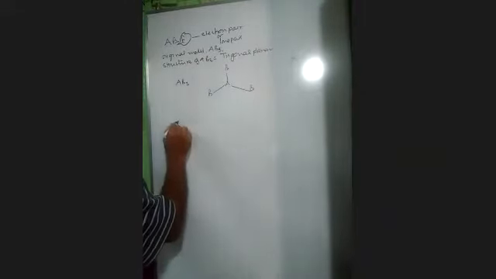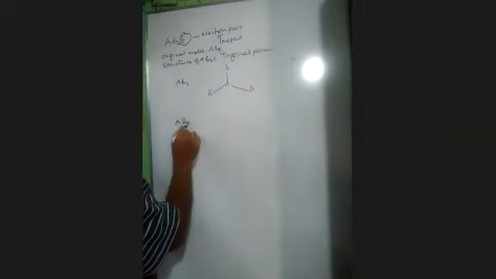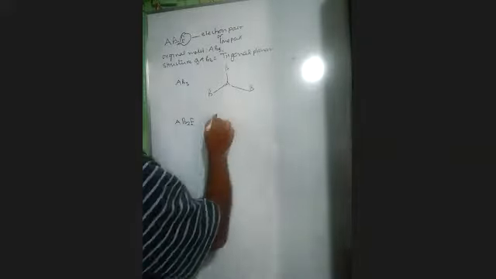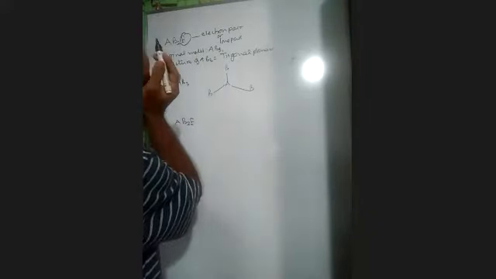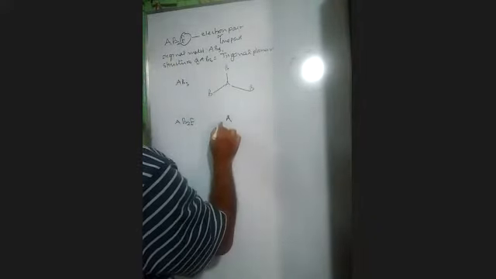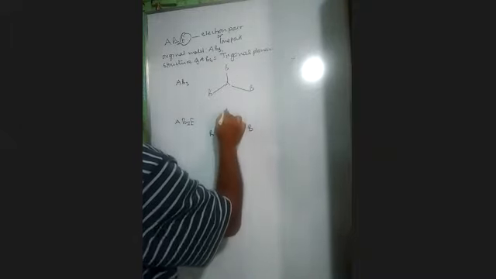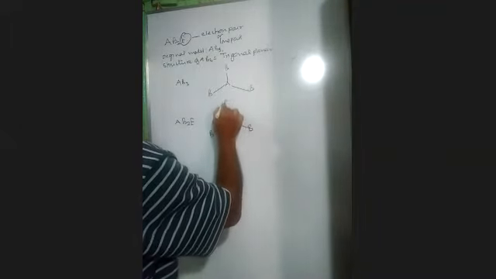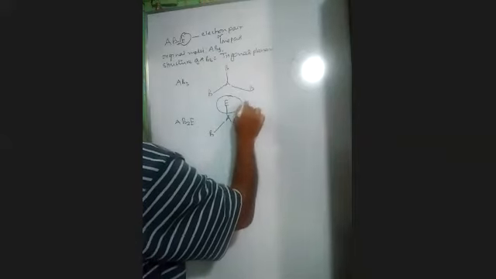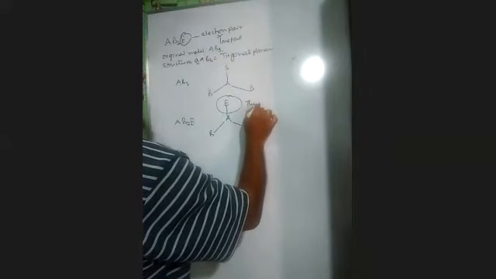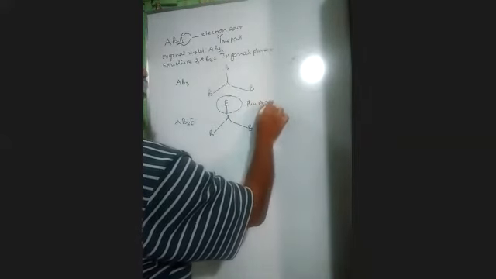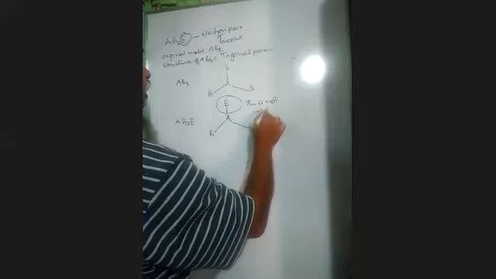Then AB2E is, I remove one B. So this A, B, B, and this is E. So this is not visible.